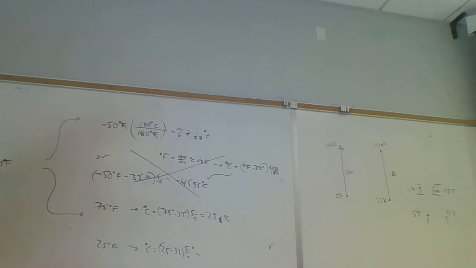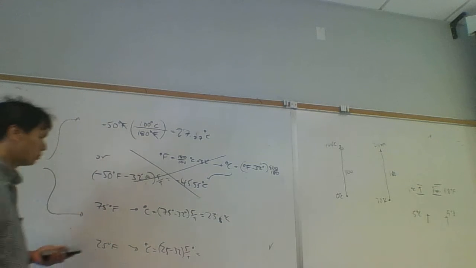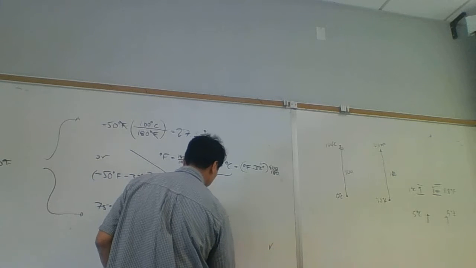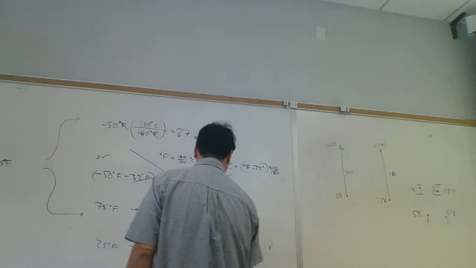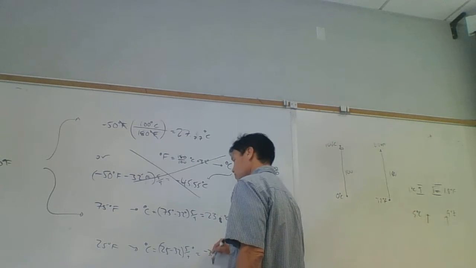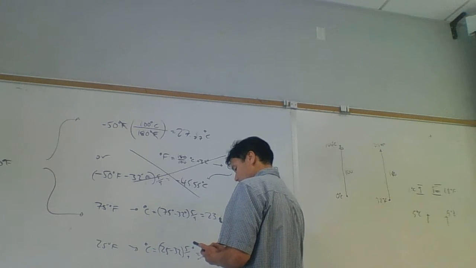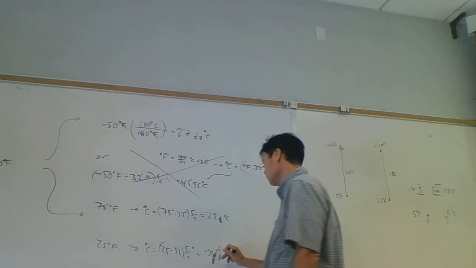And so that's going to be minus 7, times 5 divided by 9, minus 3.8. So minus 3 point, actually I'm allowed 2 sig figs, it looks like, so 3.8 degrees C.